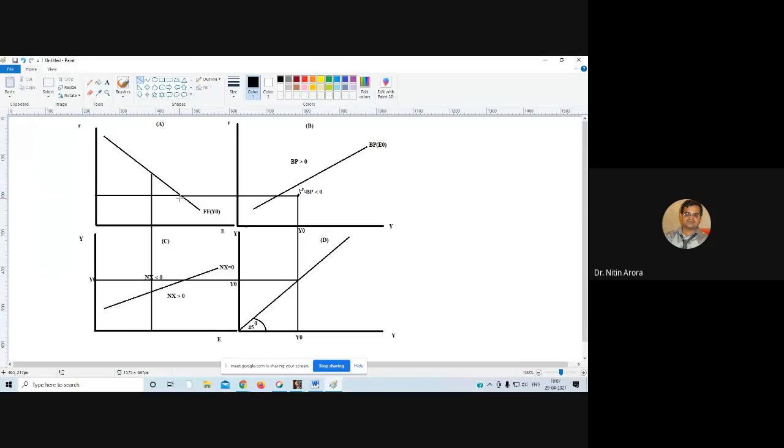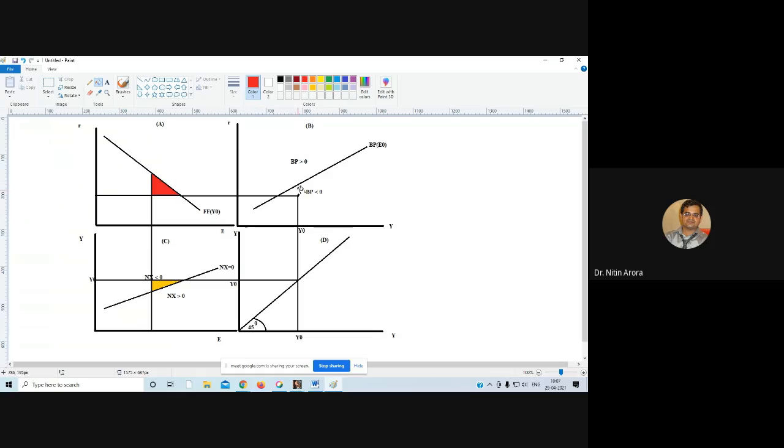What is happening here? For the Y naught FF curve, this much is the deficit in current account, while this much surplus is generated in capital account.